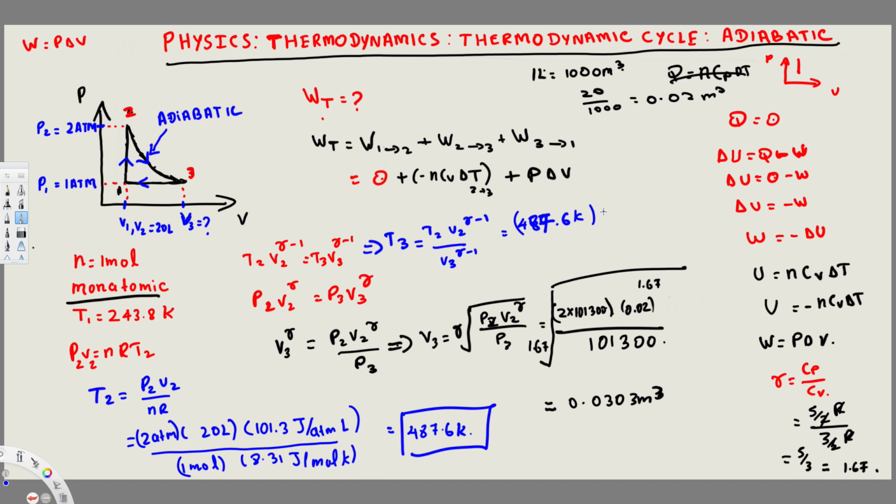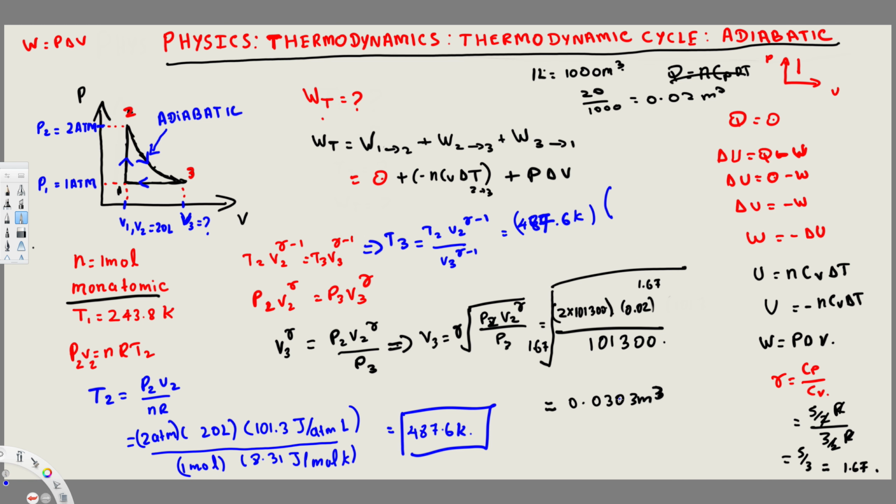So V2 power 0.67. V2, what is the V2? That's 20 liter, right? So if it's a ratio, we can keep the same units, like liter is going to cancel. I can take the gamma minus 1 common, and so we can write V2 over V3 power gamma minus 1 because both of them have the same power. So I can take this one common. So let's divide this one, V2 over V3. V3 we have 0.303.